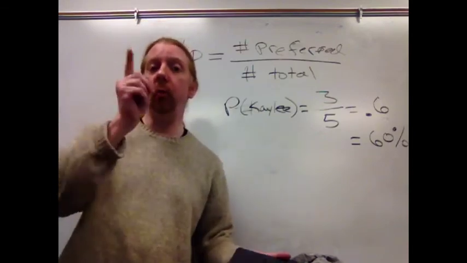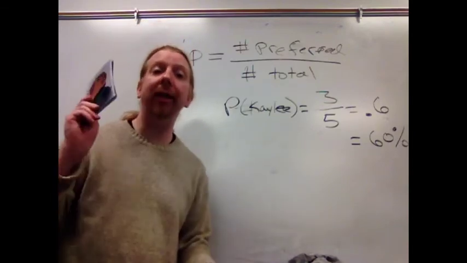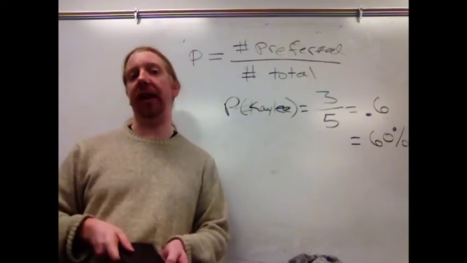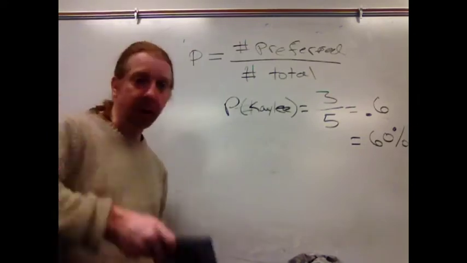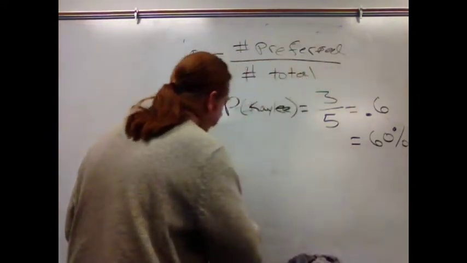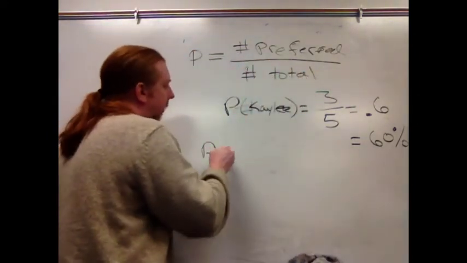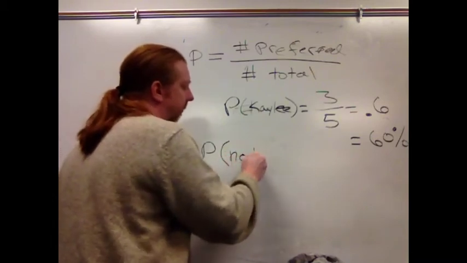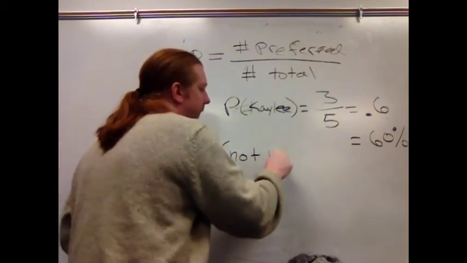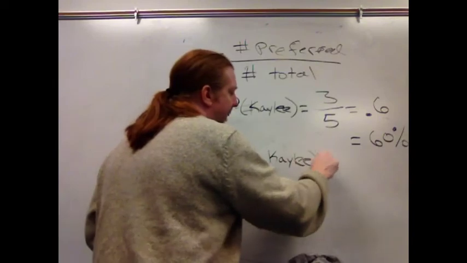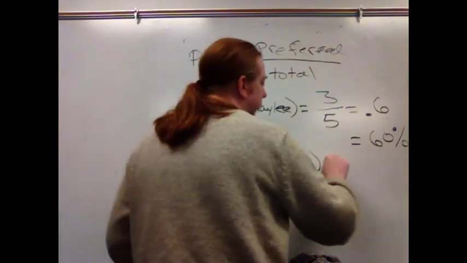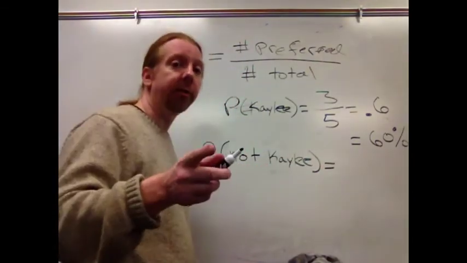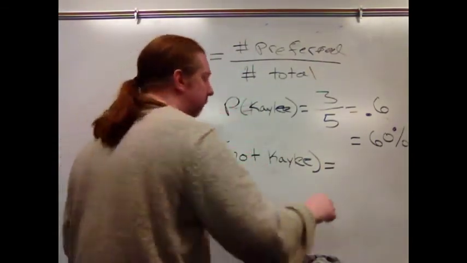Now, there's one other thing we need to talk about, and that's the probability of not having an event happen. The event's complement. So, sticking with our pictures example, the probability that I'm going to draw a picture that's not Kaylee is the probability of drawing her subtracted from 1.